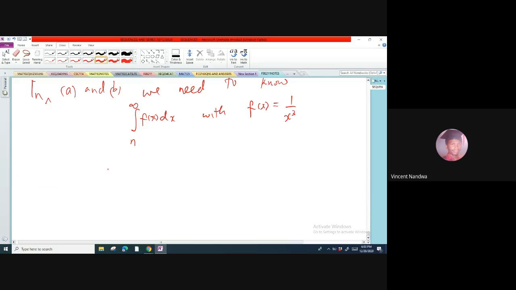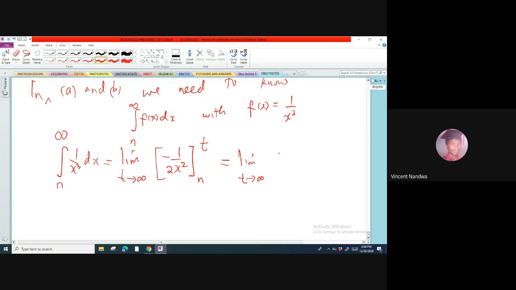So therefore, the integral from n to infinity of 1 over x power 3 dx will be the limit as t approaches infinity of negative a half, evaluated from n to t, which will be the limit as t approaches infinity of minus 1 over 2t squared plus 1 over 2n squared, which is 1 over 2n squared.